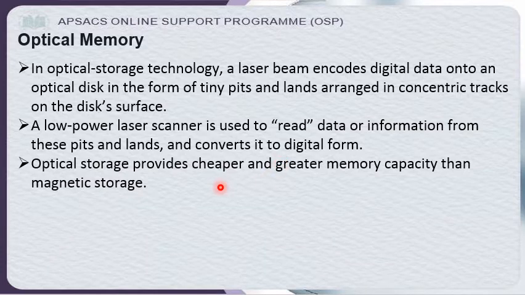Optical storage provides cheaper and greater memory capacity than magnetic storage. Optical is the cheapest memory as compared to the capacity, because if you want to buy a 4.7 GB DVD, it will be available for 100 to 150 rupees.